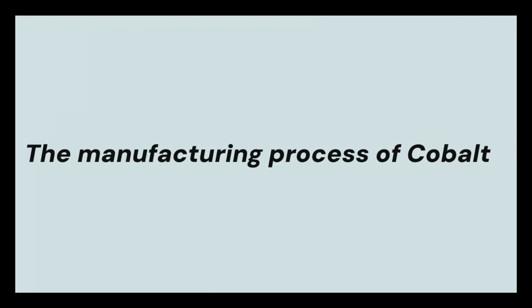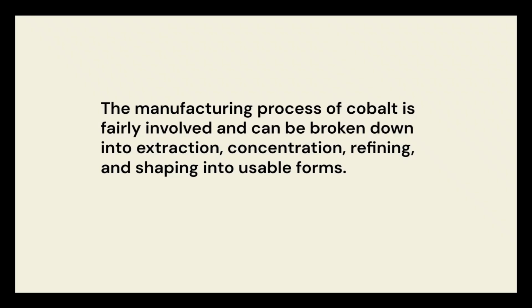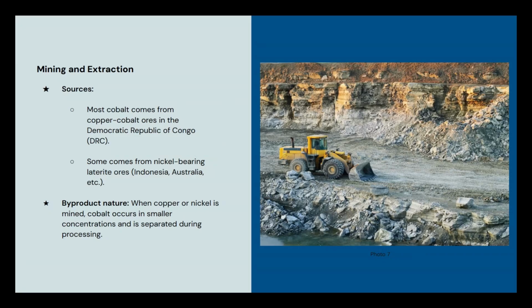Now let's get into the manufacturing process of cobalt. The manufacturing process of cobalt is fairly involved and can be broken down into extraction, concentration, refining, and shaping into usable forms. Mining and extraction.